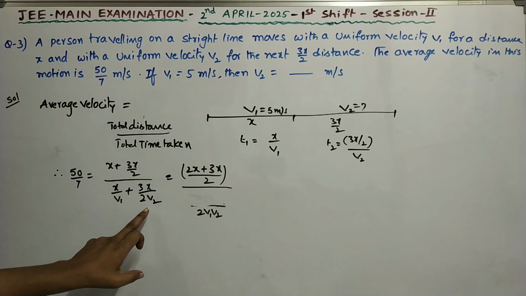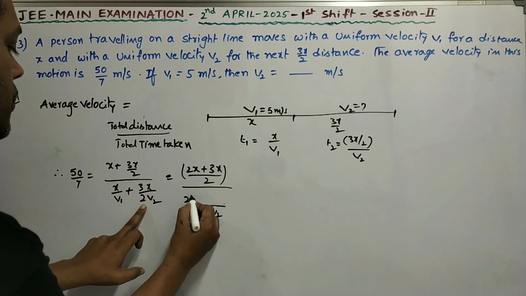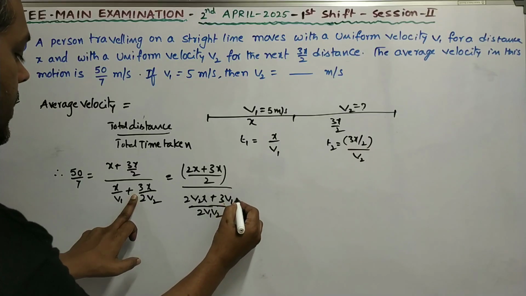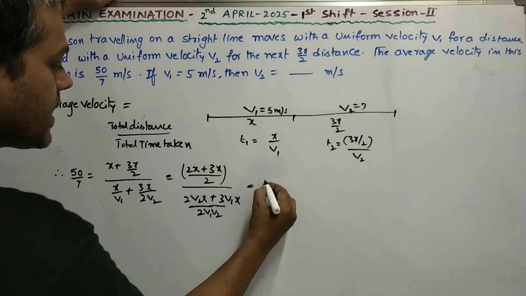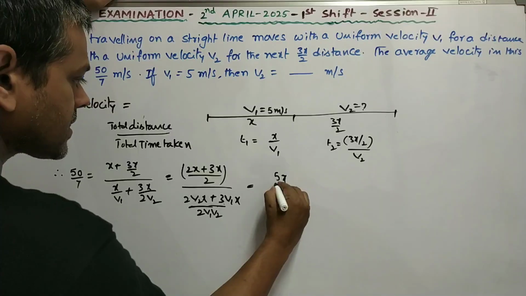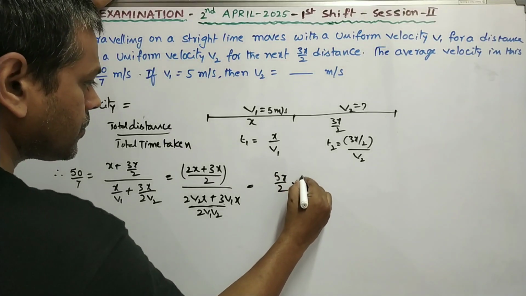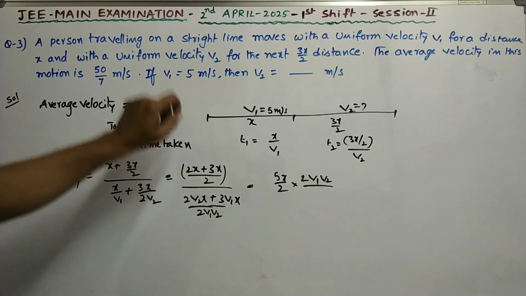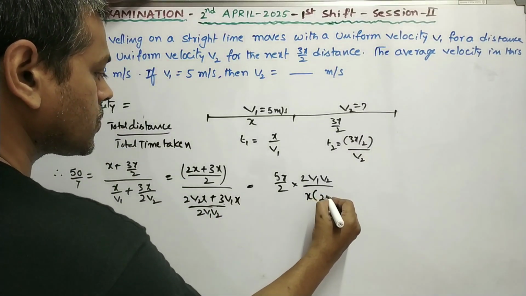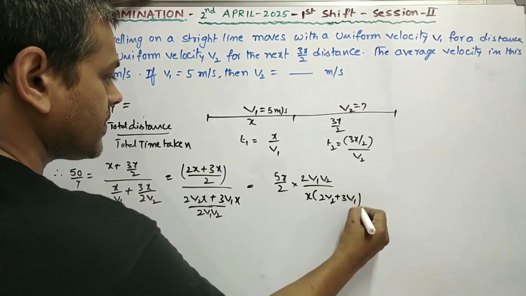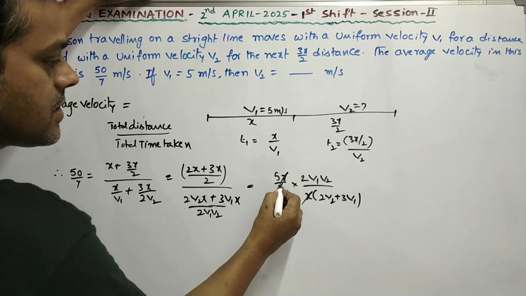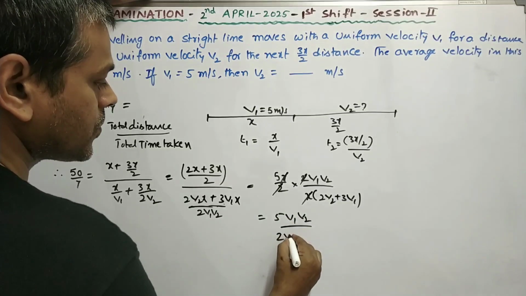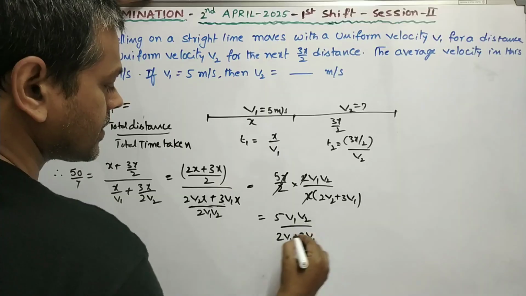What is that? 2v2x plus 3v1x. So we may write 2x plus 3x, 5x by 2, into 2 v1 v2. When you take x common, what is that? 2 v2 plus 3 v1. So this x is cancelled, this t is cancelled. What is the value? 5 into v1 v2 by 2 v2 plus 3 v1.